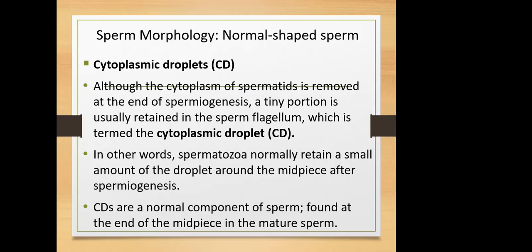So we are saying that there's going to be cytoplasmic extrusion. Bring the things out. But even as you bring them out, some still remain. Okay, a little will remain. That little that remains, some textbooks call it microplasm. You see, because cytoplasm is the plasma within the cell.